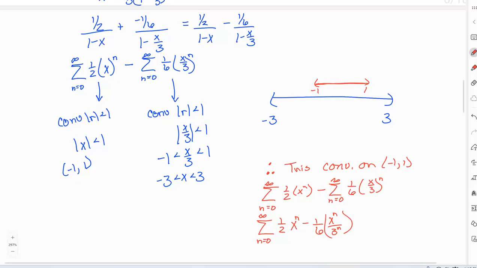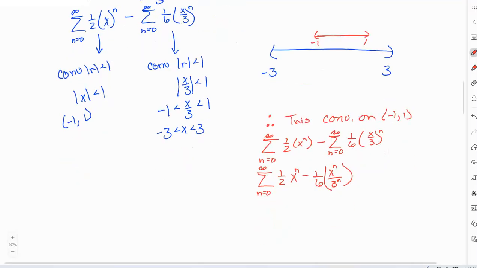And we can see that these two terms have an x to the n in common, so let's pull it out. So we have the sum from n equals 0 to infinity of 1/2 minus 1 over 6 times 3 to the n, and all of that's multiplied by x to the n.